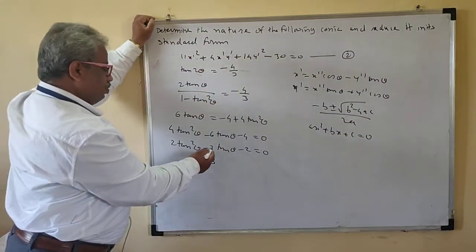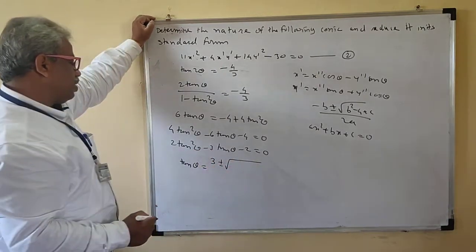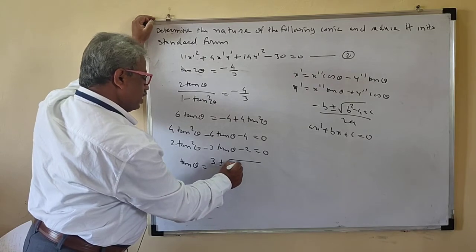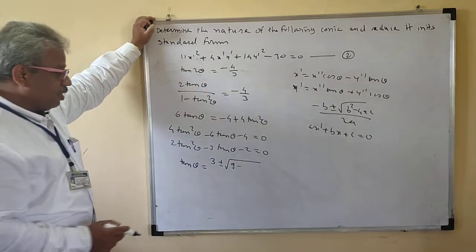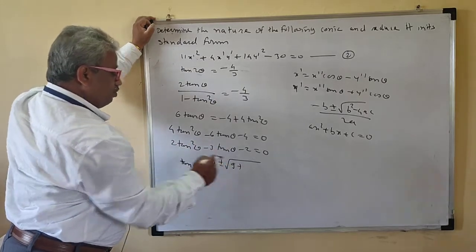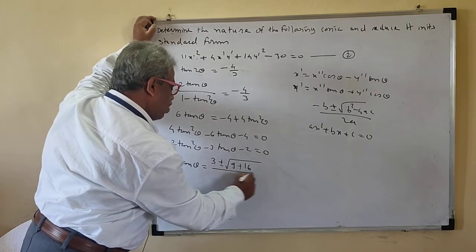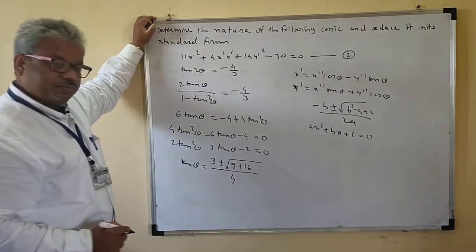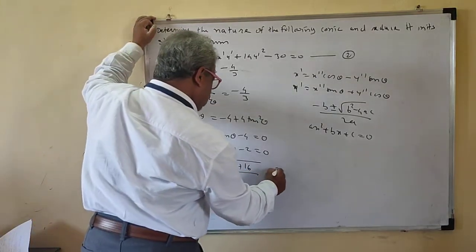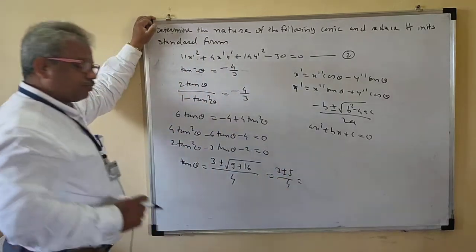Minus b, so your b is minus 3, plus or minus root of b square, b square means 9, minus 4ac. Your a is 2, your c is minus 2, so it becomes plus now. 4 times 8 is 16, upon twice a, which is 4. So this is 3 plus or minus 5 upon 4.